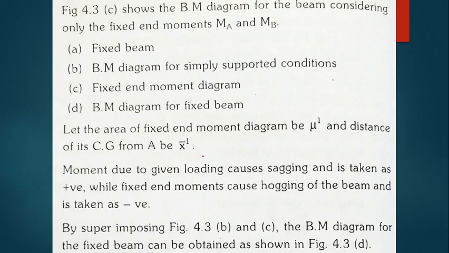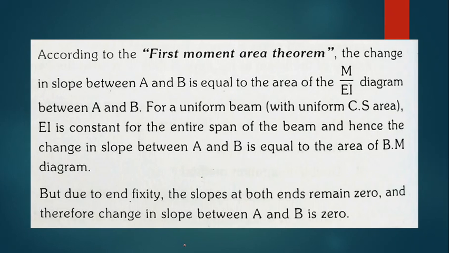Now, the moment due to the given loading causes sagging, and it is taken as positive, while the fixed end moment causes hogging bending moment, and it is considered negative. And by superimposing both B and C, the bending moment diagram for the fixed beam can be obtained as shown in the figure.